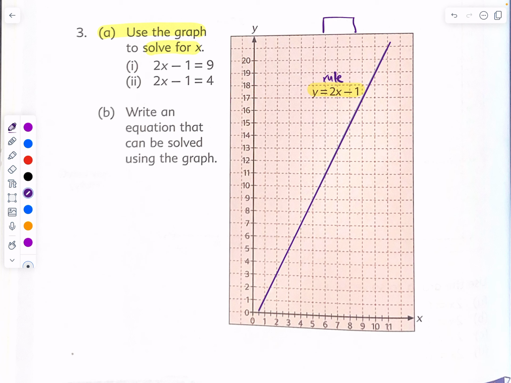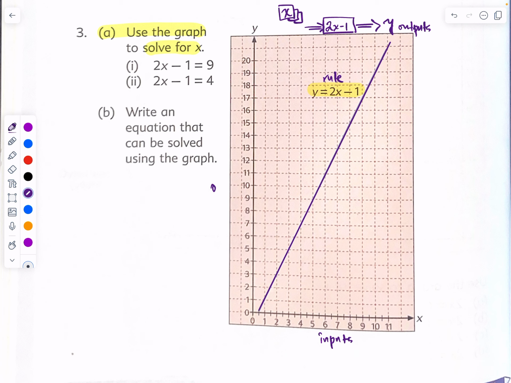Imagine this function machine, and in goes some values of x, different ones, and out come the values of y. And what happens inside the machine? We double the x and subtract 1. So remember, y's are called outputs and x's are inputs.